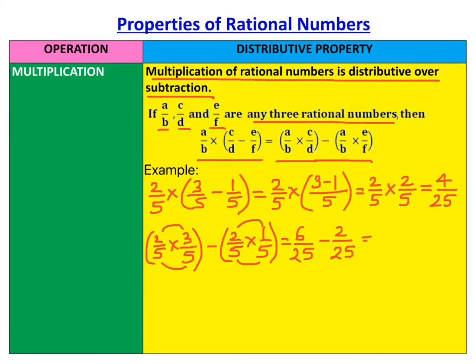Now we will subtract 6/25 minus 2/25. Since the denominators are the same, let's take 25 as the common denominator and subtract the numerators. 6 minus 2 is 4, so we get 4/25.